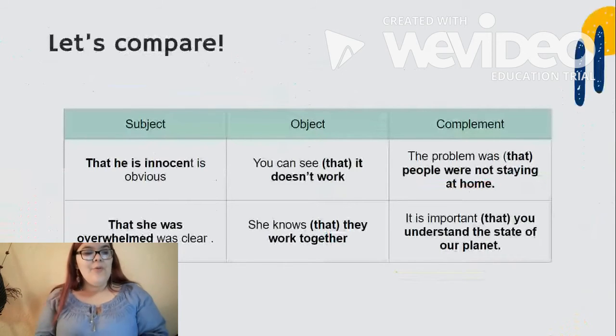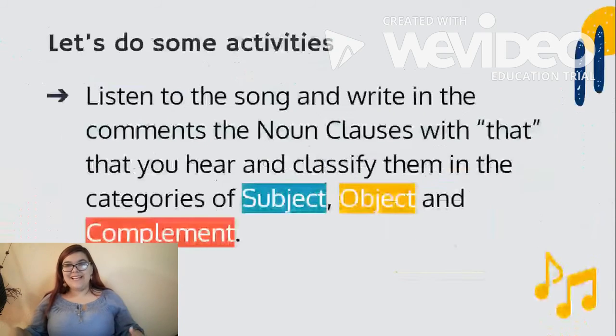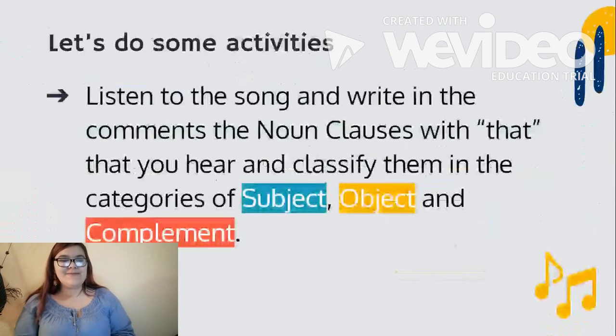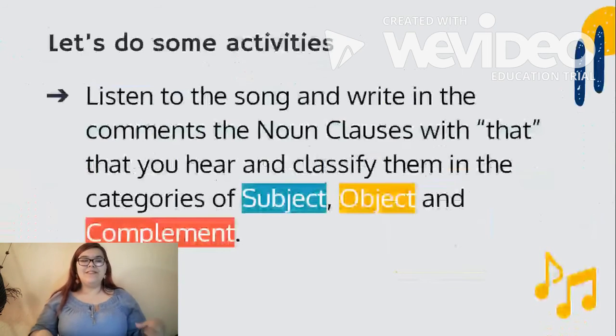But now we are going to do some activities for you to understand and have a clearer idea of noun clauses. And right now we're going to listen to a popular song, and you may write in the comments the noun clauses that you see or that you hear, and you are going to classify them as subject, object.